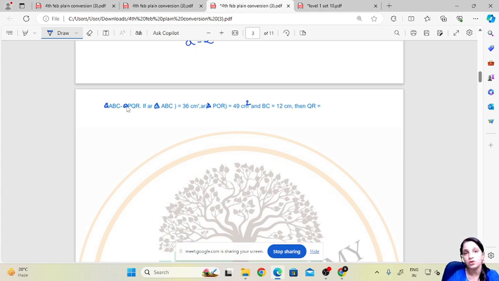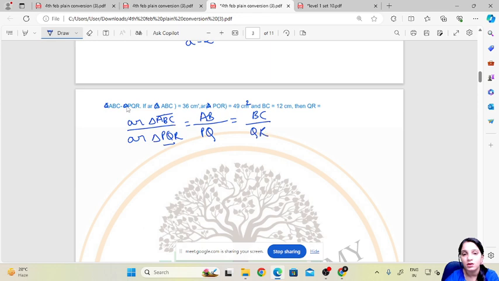First of all you need to know this theorem: area of triangle ABC upon area of the other triangle, which are similar, triangle PQR, is equal to, first you have to take AB then PQ. See, AB upon PQ equal to BC upon QR, and then AC upon PR.